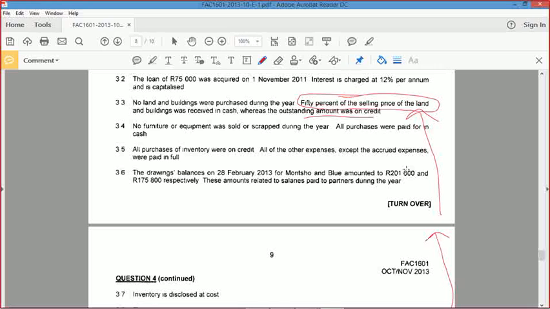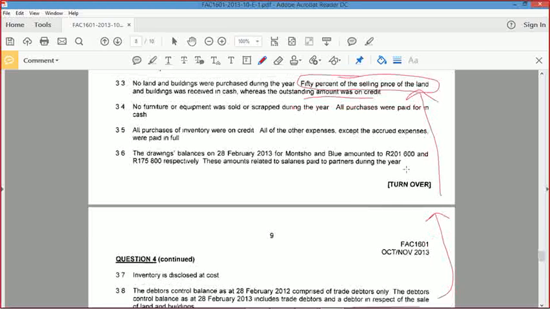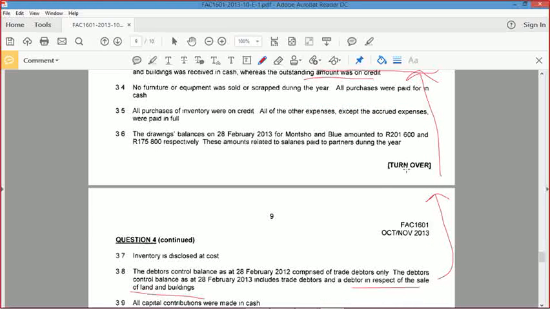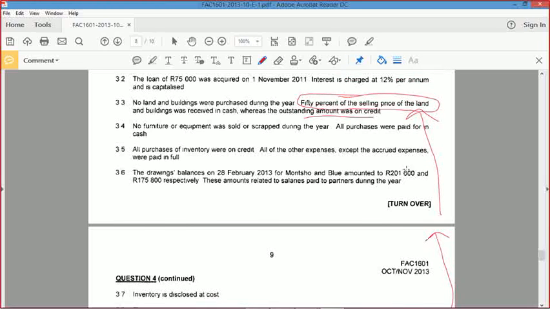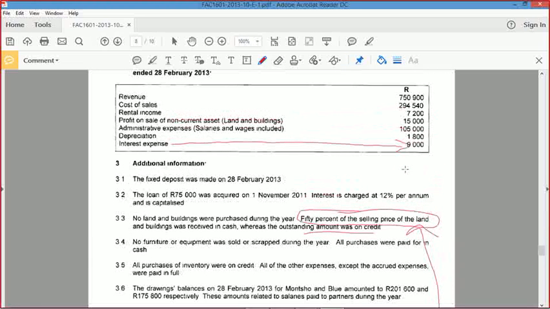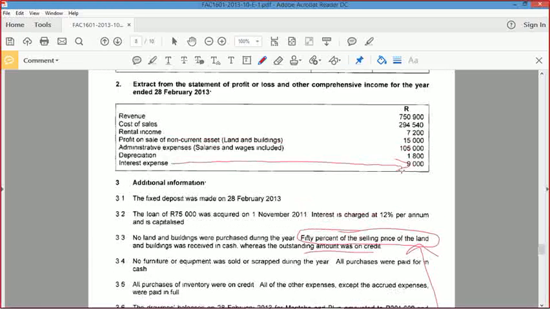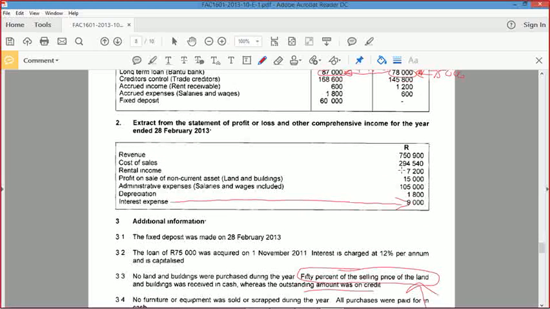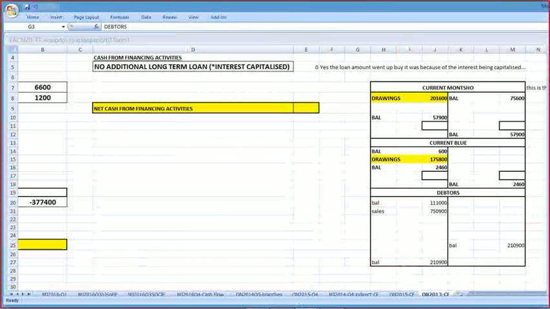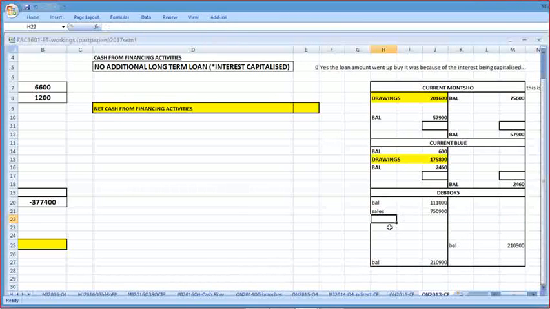Okay. Does that make sense? Yes. Okay, so you do need the land and buildings in terms of the profit and loss here for the sale, because you're trying to determine how much was actually received from your debtors. Okay, so what is the land and buildings going to do to the debtors control account?